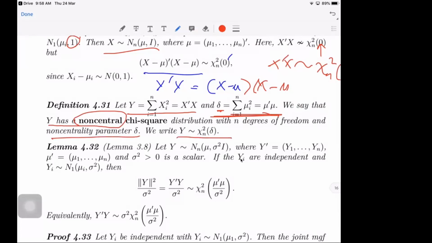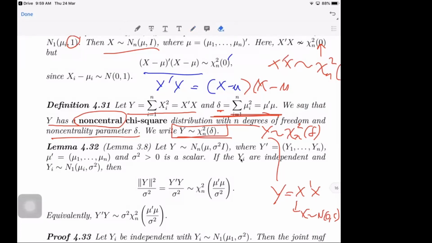And we write this one. So we have two cases: y is central on the condition that our x is standard normal, 0, 1. Otherwise, it will not be central but non-central chi-square. Any questions so far?